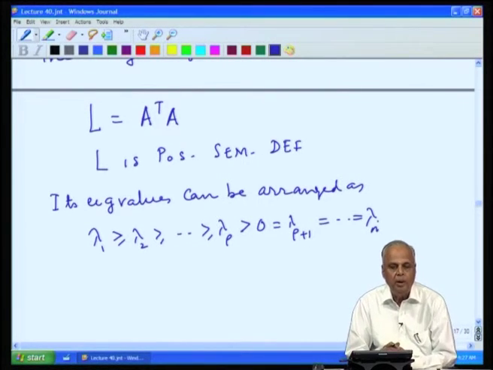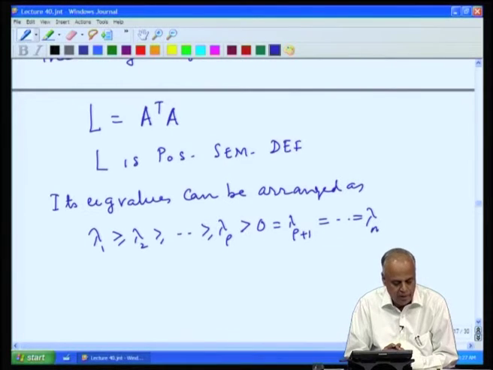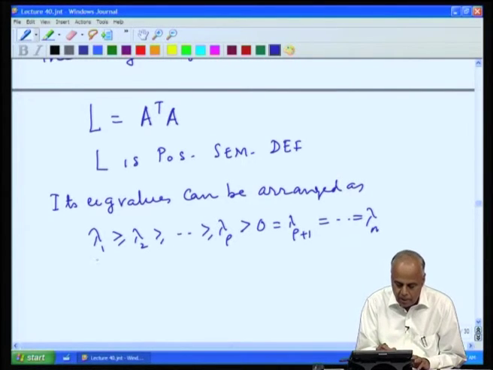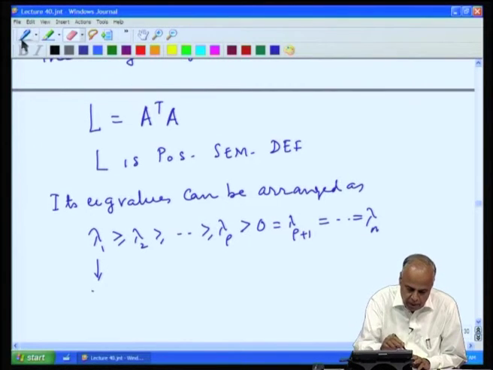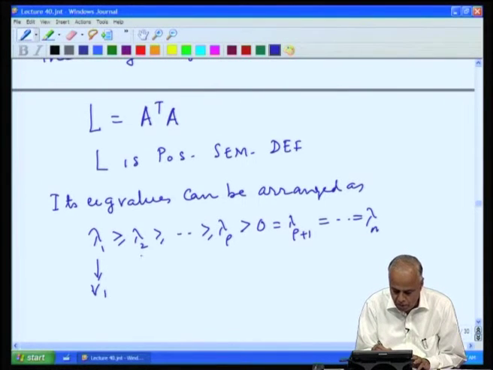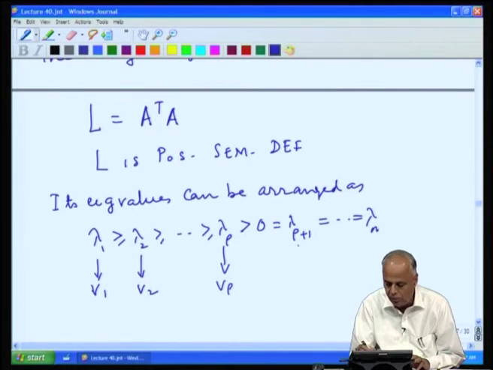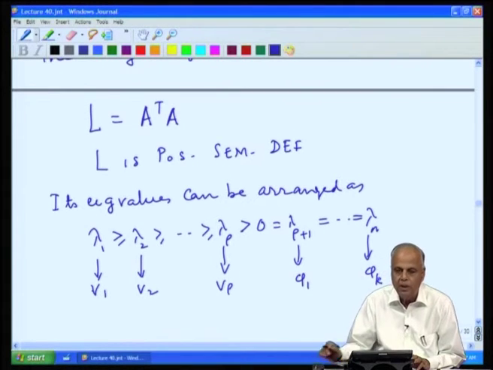When we dealt with positive semi definite matrices, we found that their eigenvalues can be arranged in this format, and corresponding to this we get the orthonormal eigenvectors, which we call V1, V2, ..., V rho, and the remaining eigenvectors correspond to the null space.